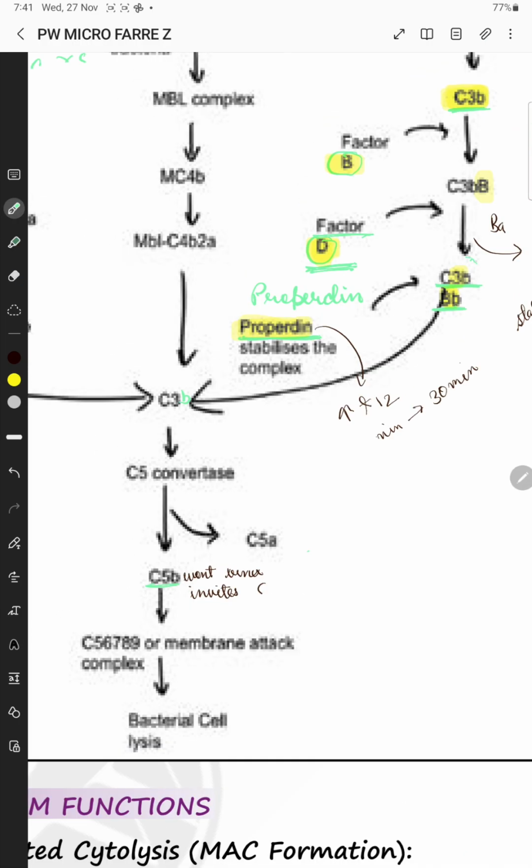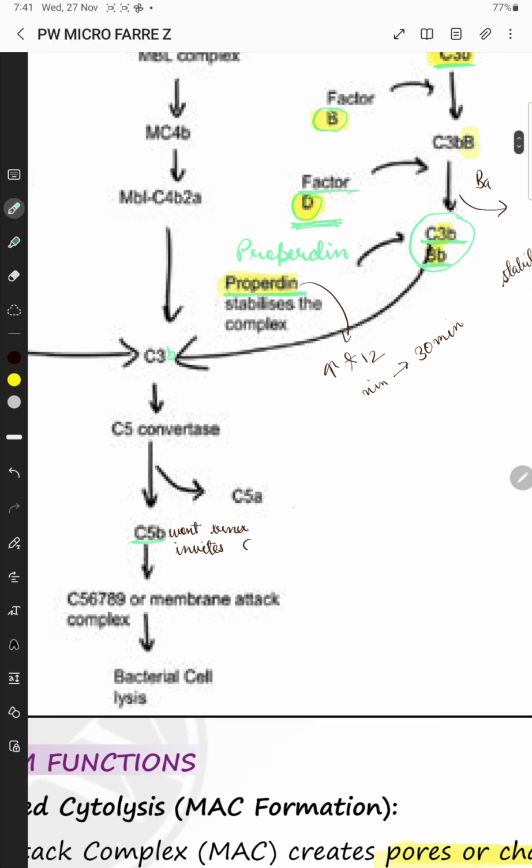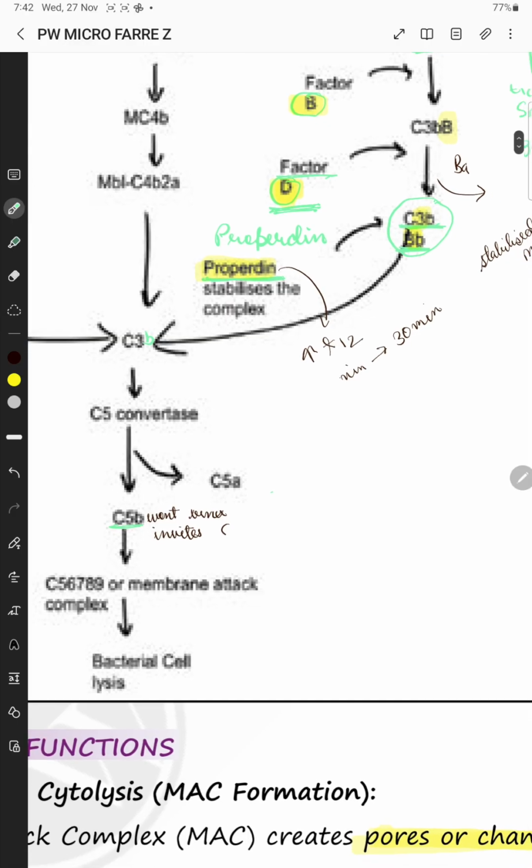This complex of C3B and BB is known as C3 convertase, and it will cleave more C3 into C3A and C3B. Now this C3B will bind to this complex to form C5 convertase.